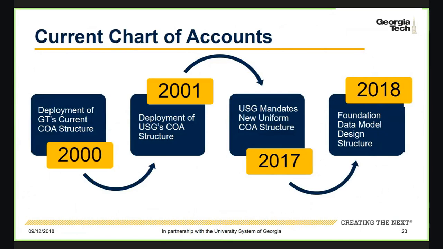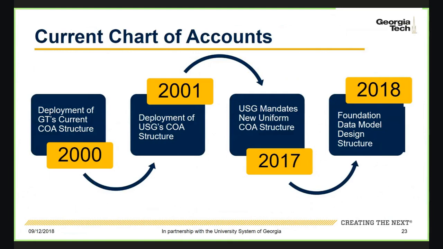Because of this timing difference, the two were not aligned. This has caused reporting challenges over the years. Because of these challenges, Georgia Tech built a process to map our current chart of accounts to the USG structure. We run this process at the end of each month before extracting financial data to load to the USG.